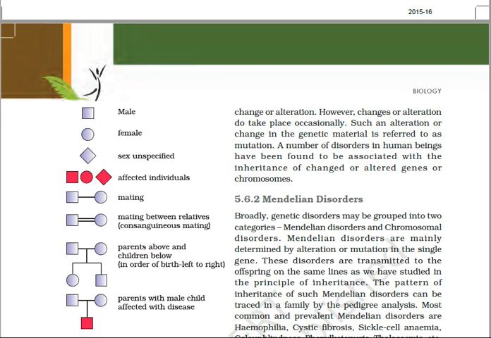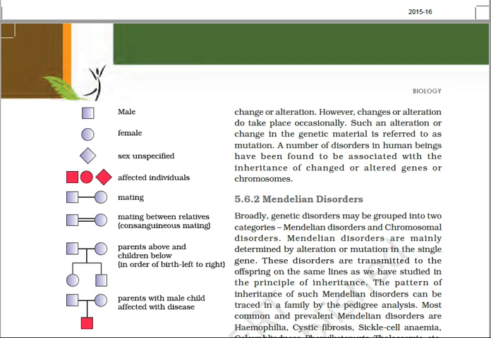Then the parents are joined by a horizontal line, that is the circle and the square show the mating. Then mating between relatives is shown by the circle and the square with two lines. Then the offspring are connected to the horizontal line below the parents in order of birth, that is left to right.